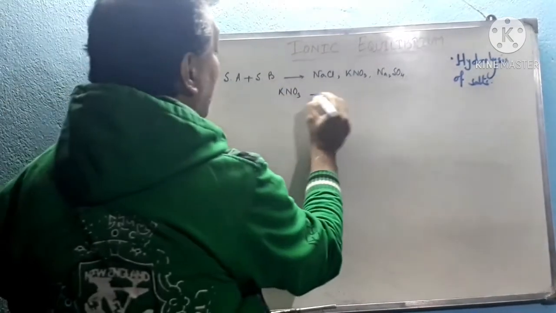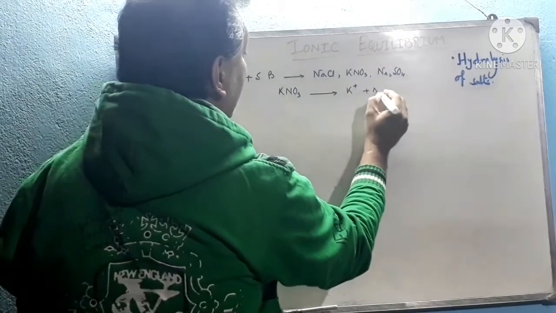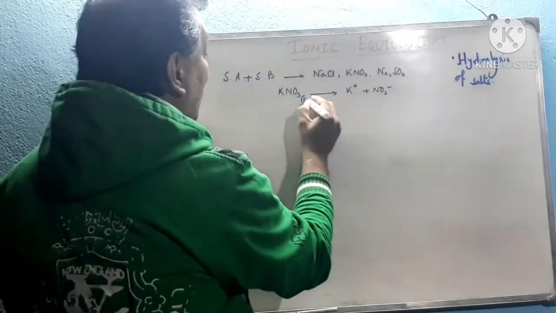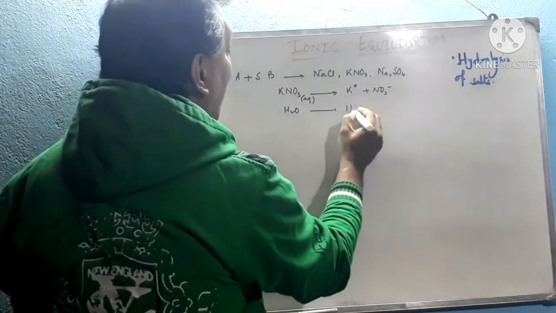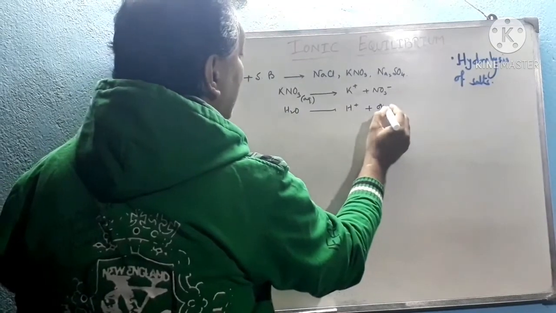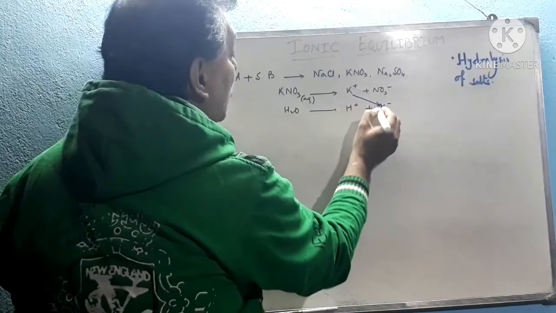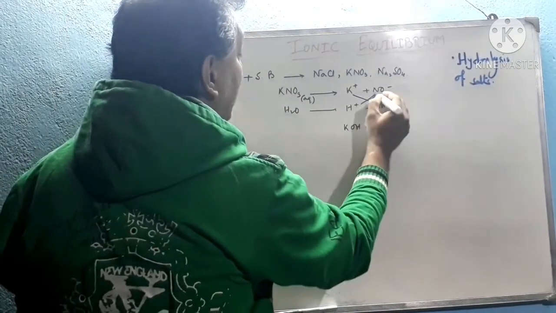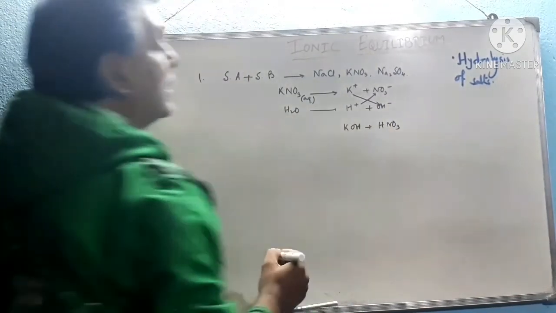Potassium nitrate ionizes in aqueous solution to form K plus and NO3 minus, and water also dissociates to form H plus and OH minus. Now by combining these two we get KOH, and by combining these two we get HNO3.